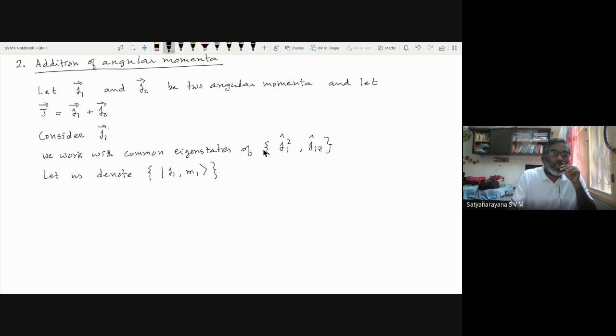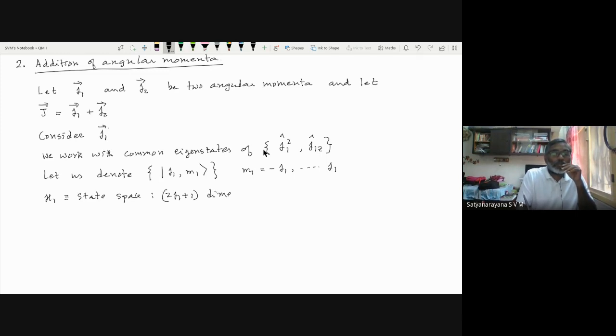How many such states are there? Your M1 can vary from minus J1 to plus J1. That means these states will become a basis for a 2J1 plus 1 dimensional space. So let H1 be the Hilbert space, the state space. And this space is 2J1 plus 1 dimensional.